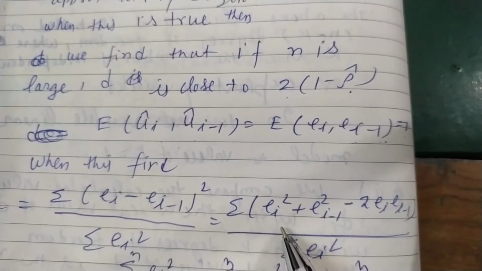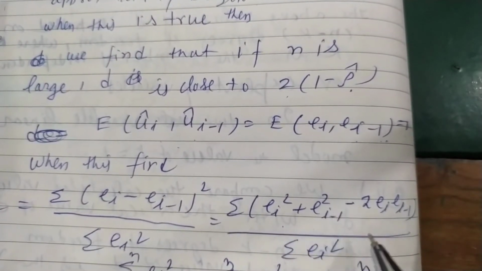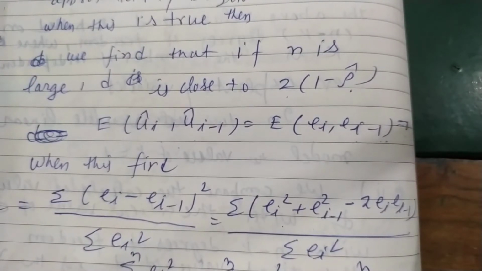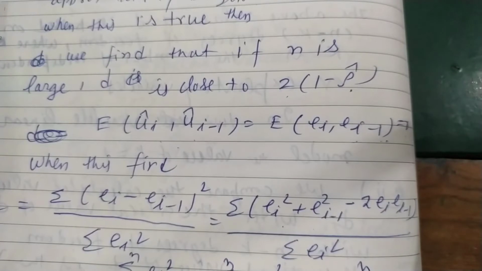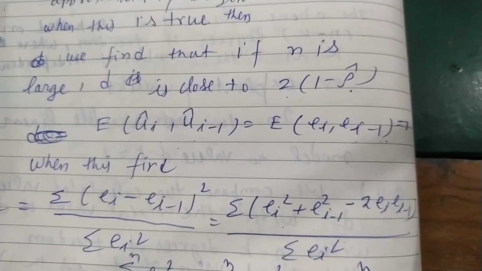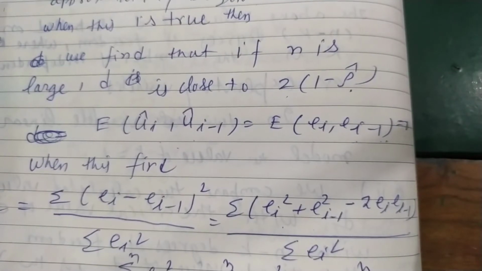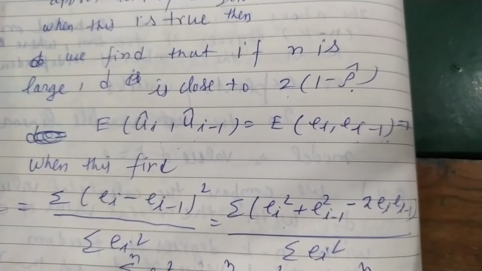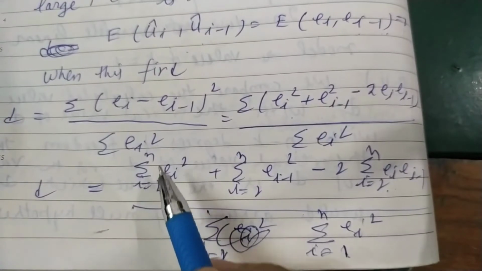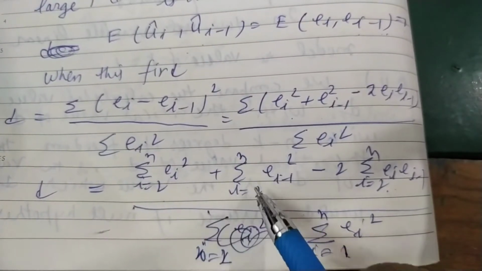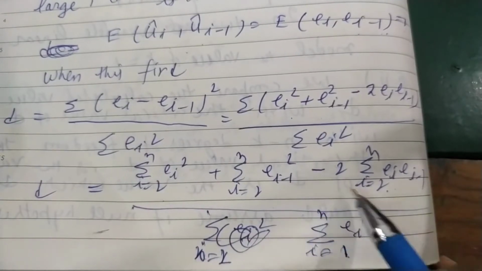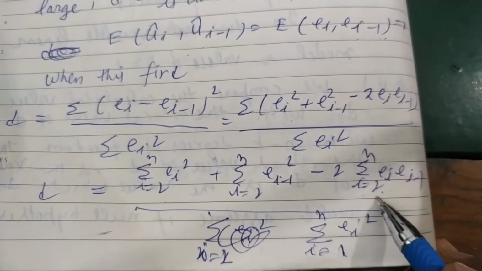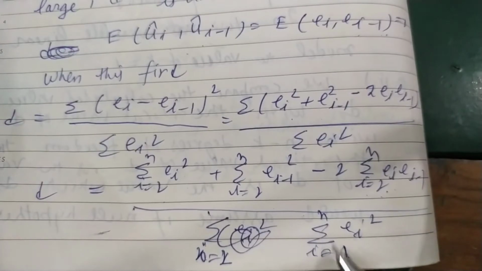So d is the sum from i equal to 2 to n of ei whole square plus the sum from i equal to 2 to n of ei minus 1 whole square minus 2 times the sum from i equal to 2 to n of ei ei minus 1, divided by the sum from i equal to 1 to n of ei whole square.